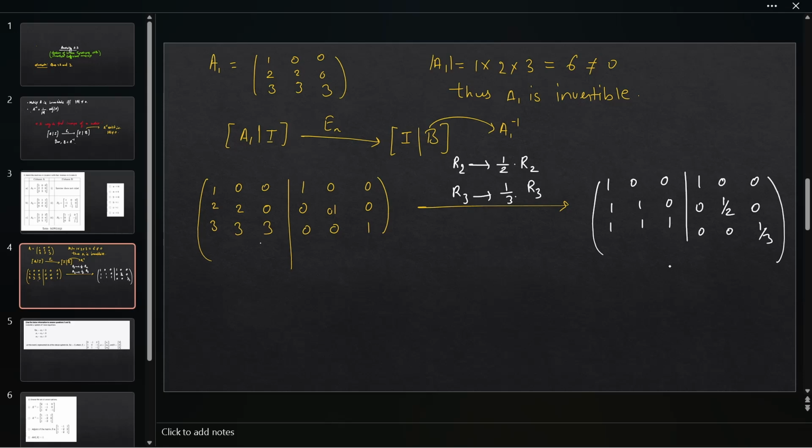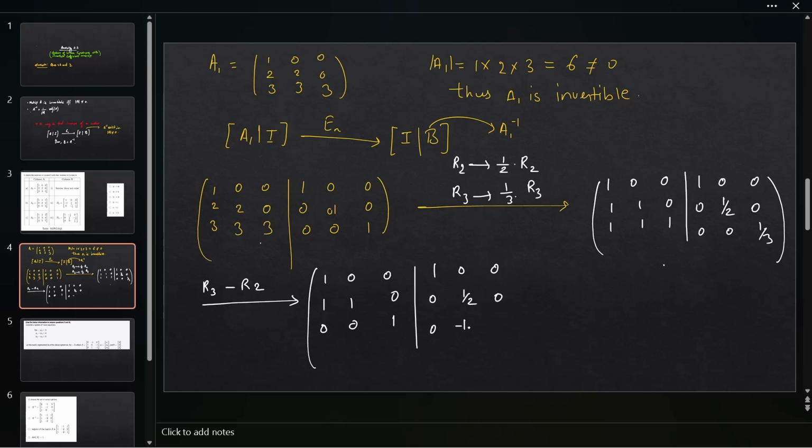Next, we are going to perform the next set of operations here, which is R2 minus R3. Once we do that, what will we get? We will get 1, 2, 3, 0, 1, 0, and 0, 0, 1, and doing the same on the right will give us 1, 0, 0, 0, half, minus 1 by 3, and 0, 0, 1 by 3.